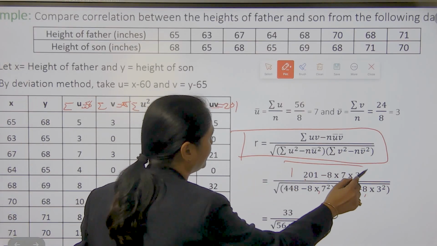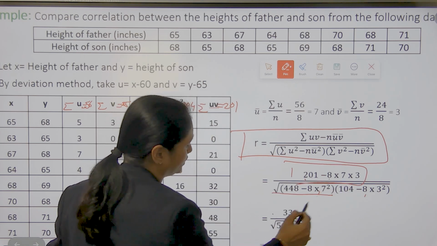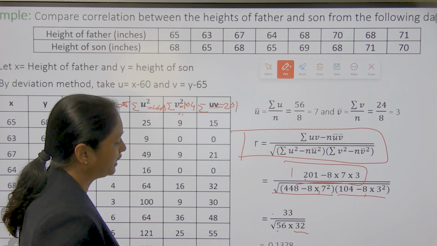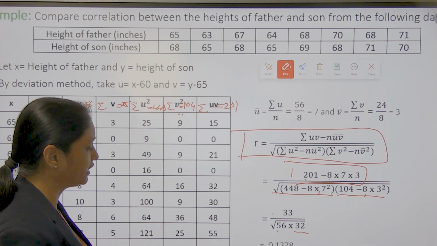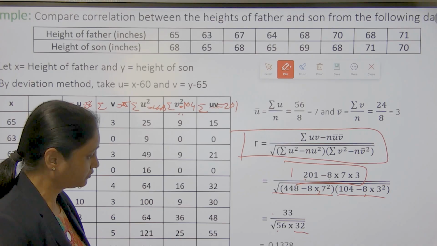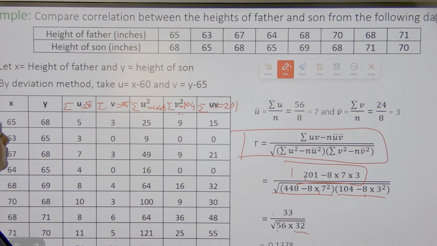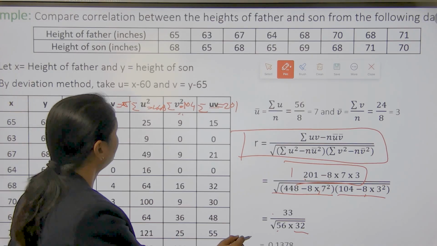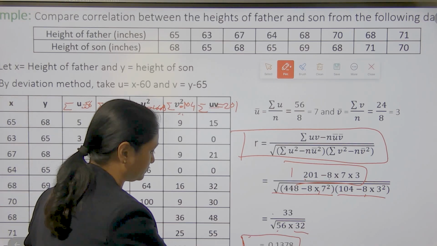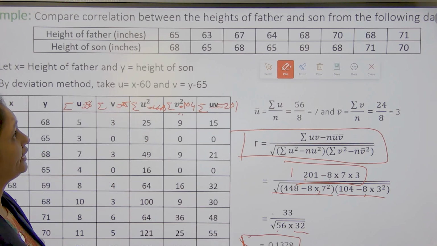So this total is 33, this total is 56, and this total is 32. So it is 33 upon square root of 56 into 32, that is 0.1378. So this is the correlation coefficient, the correlation between the height of father and son.